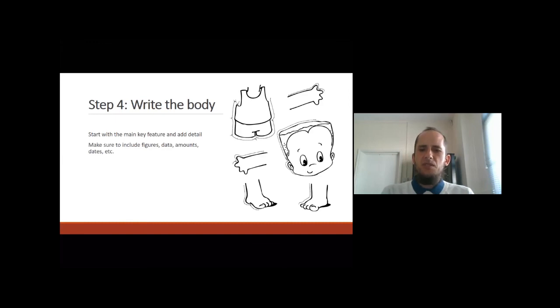That's really important. If you have a look at the criteria, you will see that if you don't do that, you will be penalized. Basically we start with one key feature, we beef it up, put on some meat, and then we move on to the next key feature, and so on and so forth, while paying attention to the tense and the grammar of the graph.